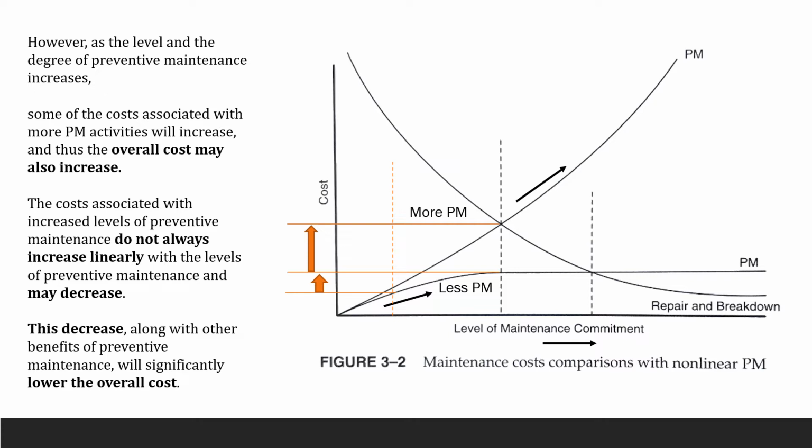If you take a look at this very first line right there in the middle, if you do a less costly preventive maintenance program, you will be spending less money, less PM cost than this one, because this PM program costs more than this one for the same level of maintenance commitment.